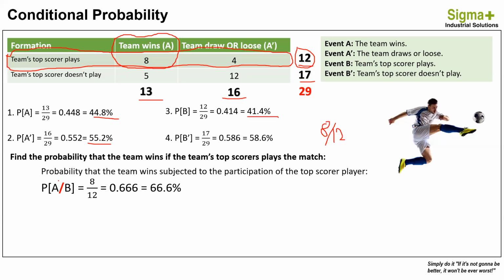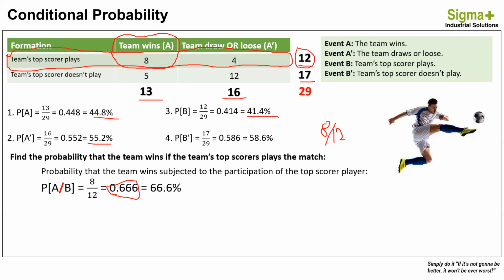So in fact, we denote the conditional probability of two events by A with a slash to the B, which is equal, as I highlighted, to 8 divided by 12, which is 0.666, or a 66.6% probability that the team will win, subject to the condition that the top scorer participates in the match.